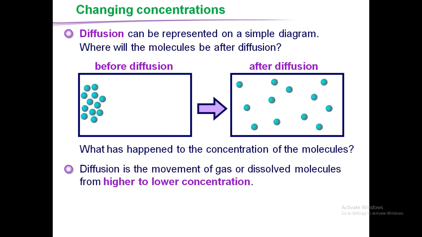In these two diagrams, you can see the difference between the molecules of a substance before diffusion and after diffusion. Before diffusion, the molecule concentration will be at its highest value in the source area, but they have to move across that area.